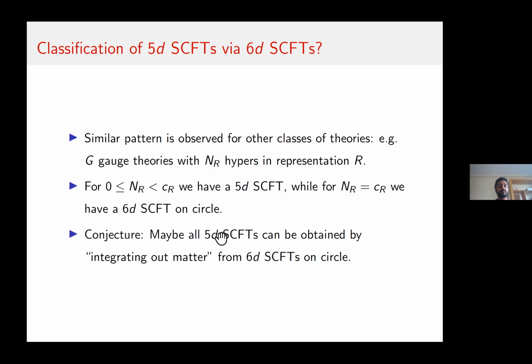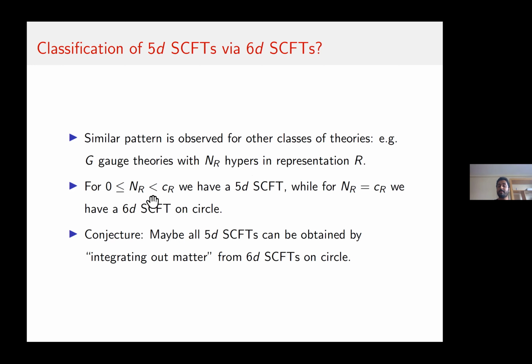So a similar pattern is observed for other kinds of 5-dimensional gauge theories. You can construct in string theory some 5D SCFTs, and you find that if you do a relevant deformation, you find these 5D gauge theories with some gauge group and some hypermultiplets.